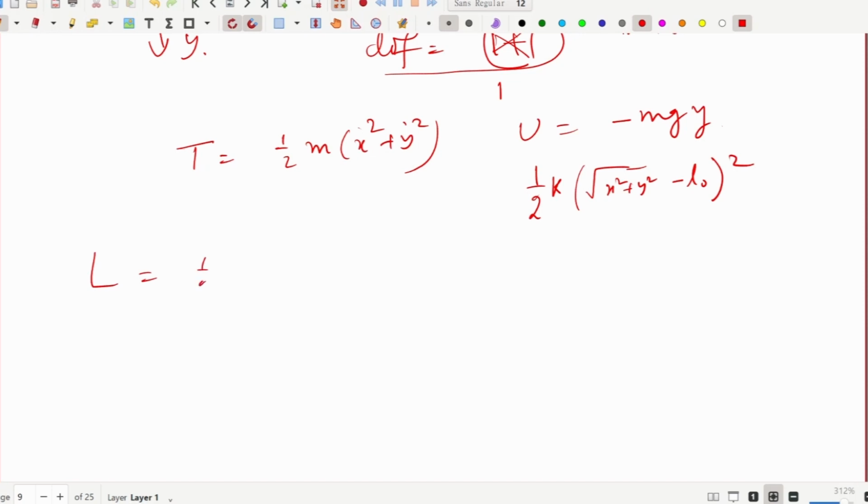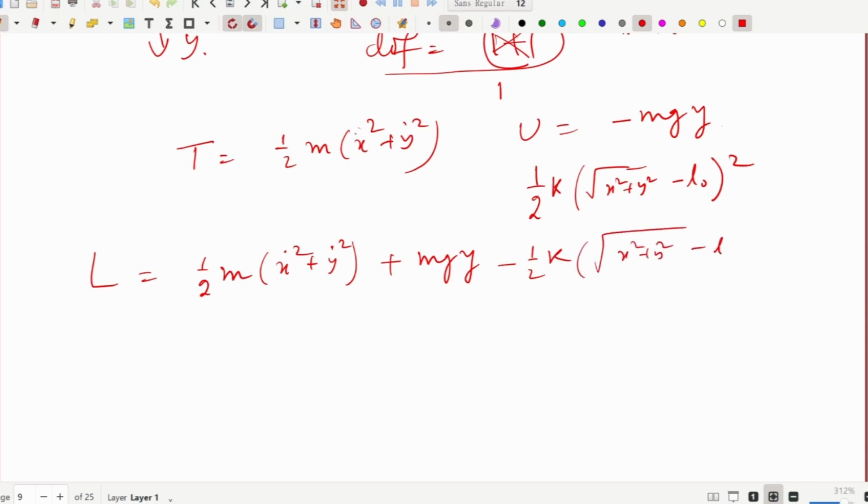So without putting the constraint, if I write, it will be x dot square plus y dot square plus mg y, and then minus half k root over x square plus y square minus L0 whole square, and as you know x equals L sin theta, y equals L cos theta, and you can substitute and find the Lagrangian for the system.